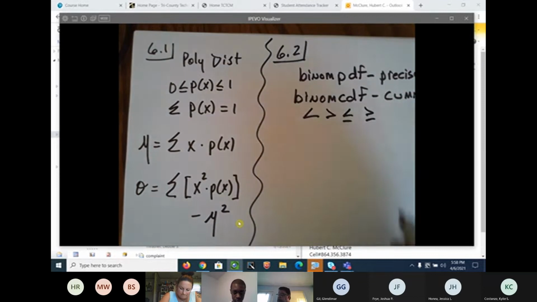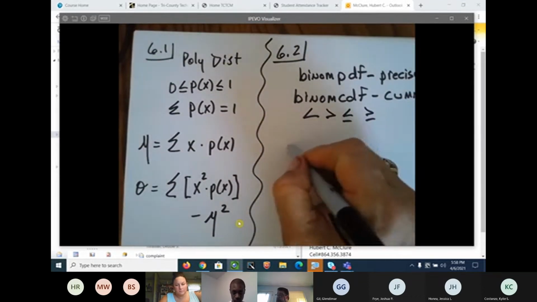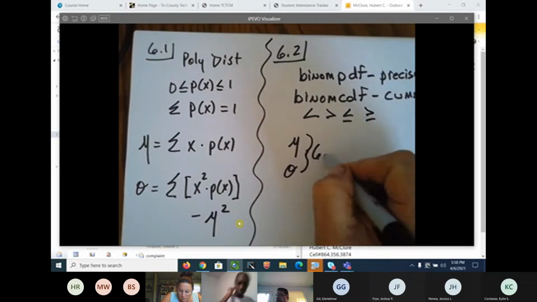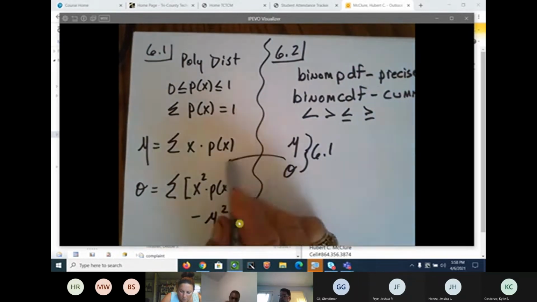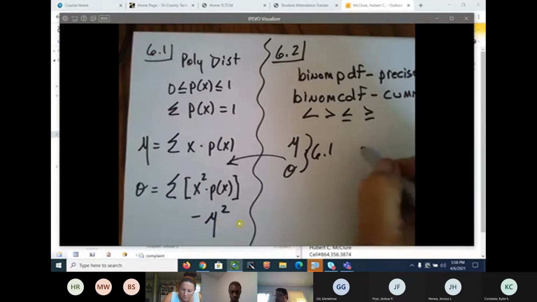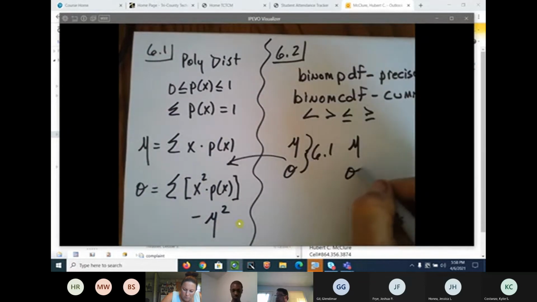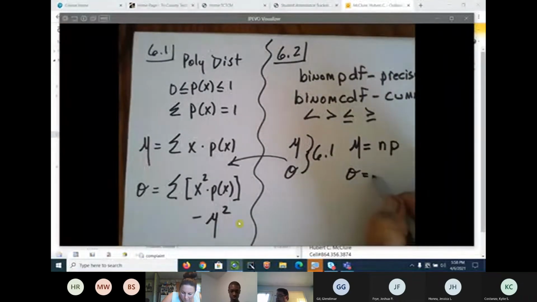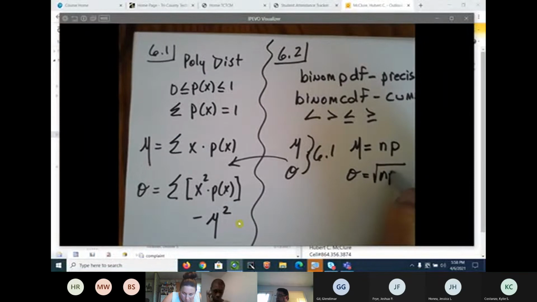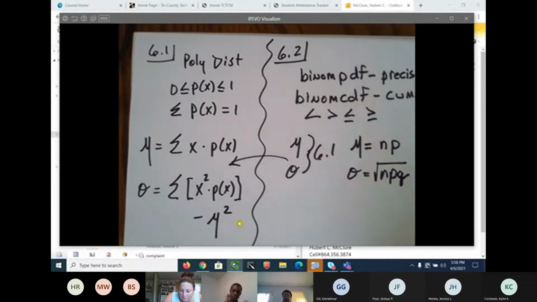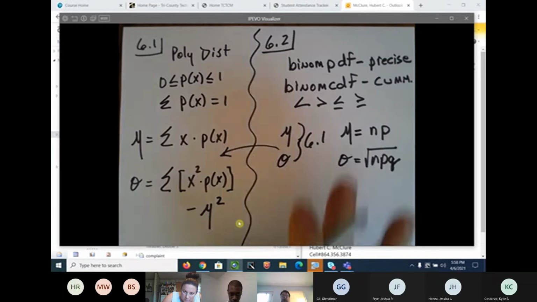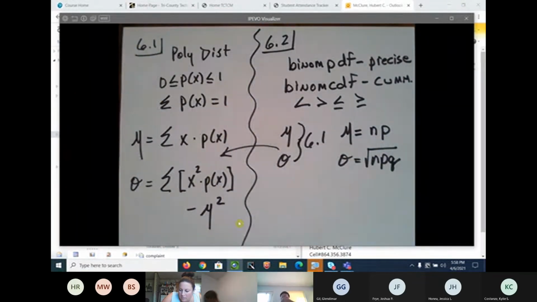They also want us to find the mean and the standard deviation by 6.1. And they want us to be able to find the mean and the standard deviation just by doing it in our heads, by doing n times p and the square root of npq. So that is basically what they're wanting us to do in 6.1 and 6.2.